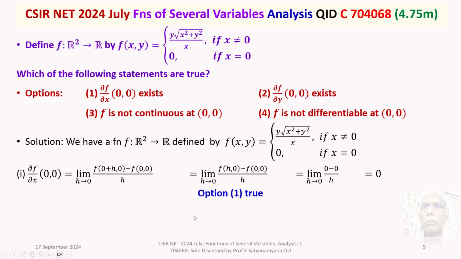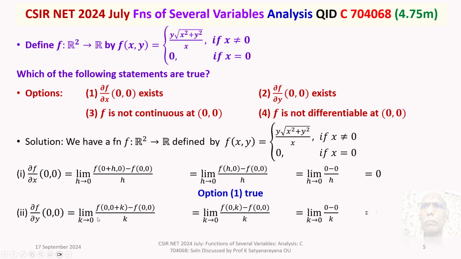Right. Let's now get into the second one. The partial derivative of f with respect to y at the origin is equal to the limit as k tends to 0 of f of 0 comma 0 plus k minus f at 0 comma 0, divided by k. That's equal to the limit as k tends to 0 of f of 0 comma k minus f of 0, 0, by k.